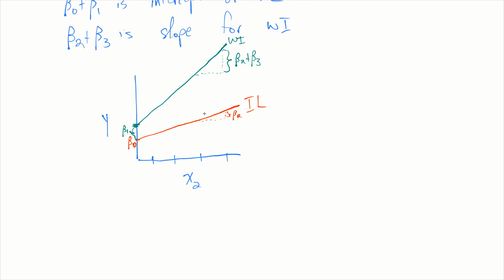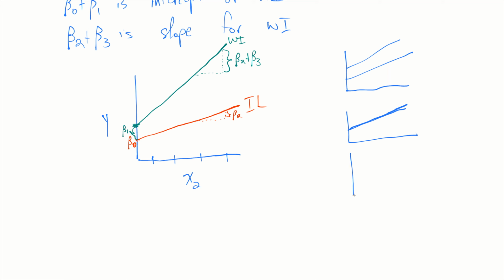So what this model allows us to see is quite a flexible range of scenarios. You could fit a model where both lines have the same slope. You could fit a model where both lines have the same slope and the same intercept, so they overlay each other.